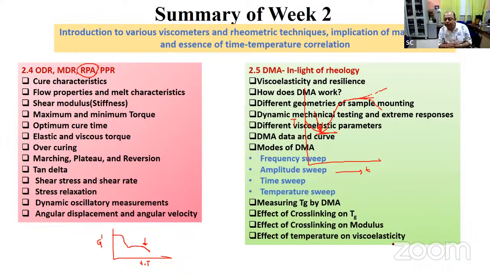And in that particular longer time and higher temperature, the behavior or attributes have a geometric significance. So that way, viscoelasticity and resilience, how DMA works, different geometries, in tension, in shear, and also in torsion and compression.